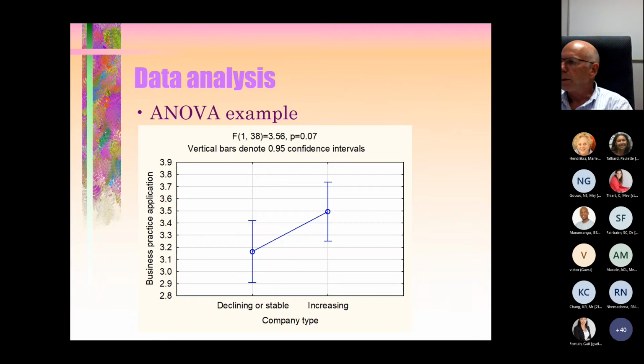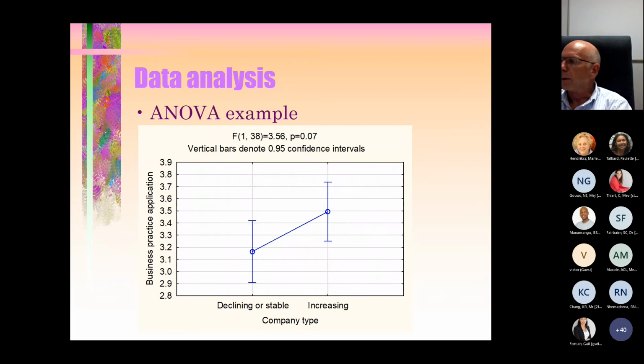Just as an example, here is the kind of output that I will provide for an analysis of variance. You can see here we've got different company types, say declining, stable or increasing, and there's a variable called business practice application that was measured, and the circle markers indicate where the mean scores are.